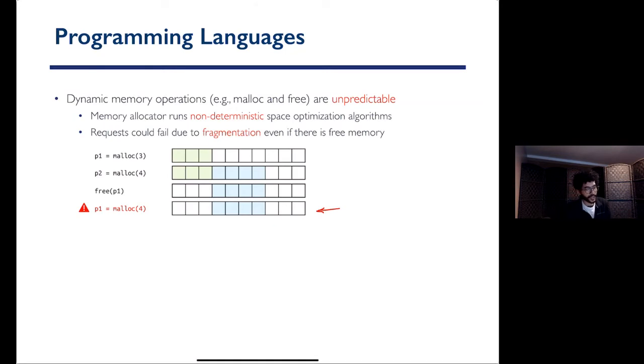So I have 3 bytes here and 3 bytes here, but not 4 bytes in a consecutive sequence of bytes available. So this request is going to be rejected. Although I had 4 bytes, they were not contiguous. So I had to reject this request. Now, in another setting, this might actually go through, right? If I had done P2 first and then P1, then P2 would be this 4 bytes.